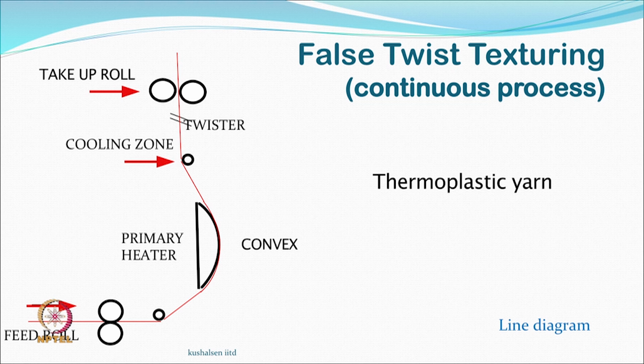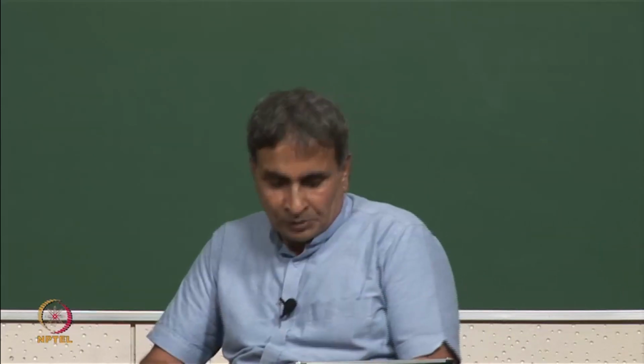Twist, set and detwist. The change that we are saying is false twist. It does not mean that we are not going to be twisting, it does not mean that we are not going to be setting, and it also does not mean that we are not going to be detwisting. So, all the three steps will be done, but in a manner where twisting, untwisting is happening in a manner which we now call as a false twist.